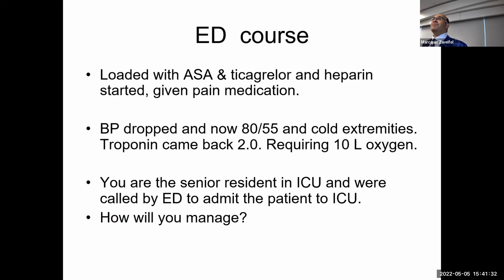What should you do? Call the fellow, call the ICU fellow. Okay. He should. You already called the intervention cardiology, but his pressure is now low, and he is requiring 10 liters. And this was discussed 2 days ago. You forgot what you asked.